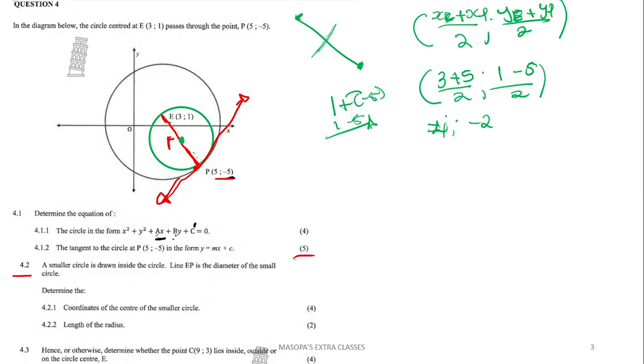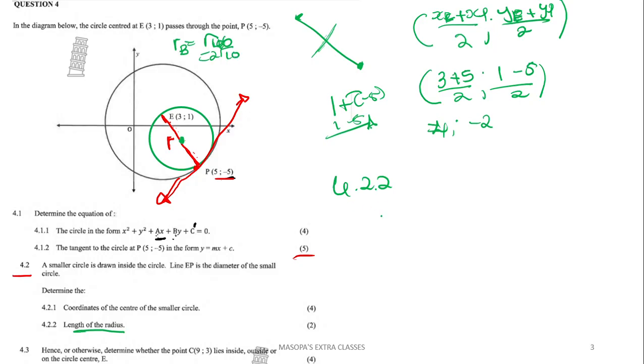Right, so in 4.2.2 they say that now we must go and look for the length of the radius. We know the radius of the bigger circle was root 40, which is 2 root 10.